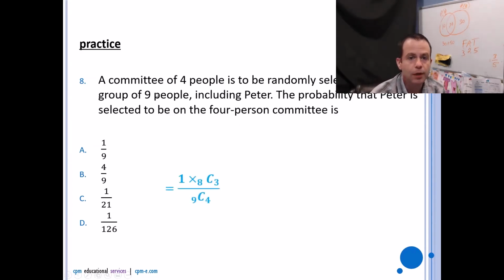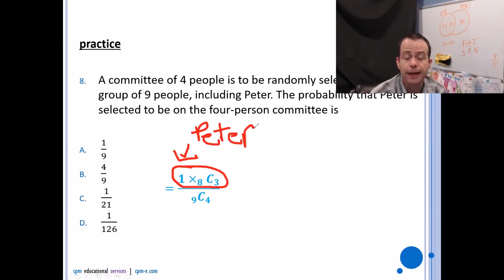Okay, so remember, probability is favorable over total. So right now I've just dealt with the favorable. There's 1 way to get Peter, so that 1 represents Peter, and then the 8 choose 3 represents everybody else. I have 8 people in the pool, and I need to get 3 more people so that I have a 4-person committee.